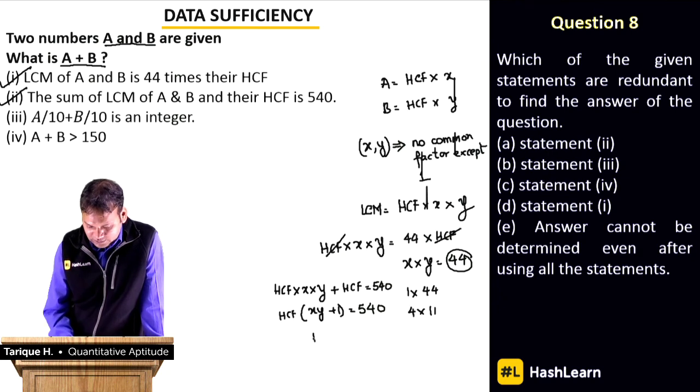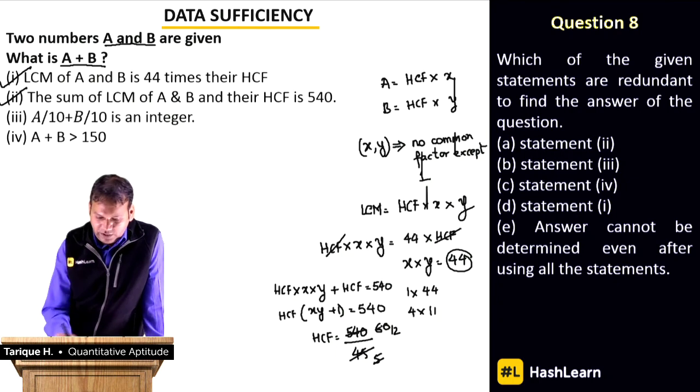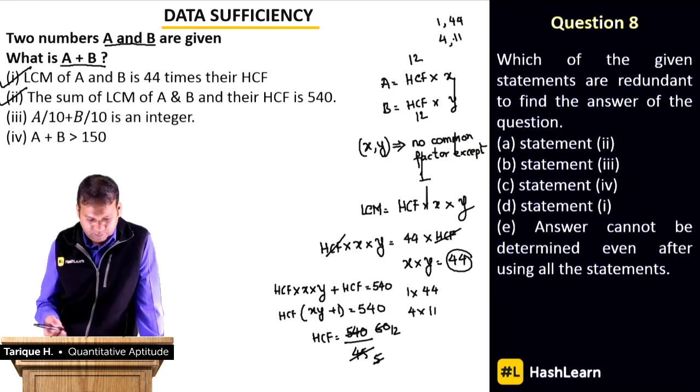So HCF is equal to 540 by 45. 9 into 5 and 9 into 6, so HCF is 12. We know HCF is 12, and there are still two options for X and Y: 1 and 44, and 4 and 11. So we still need some more information.